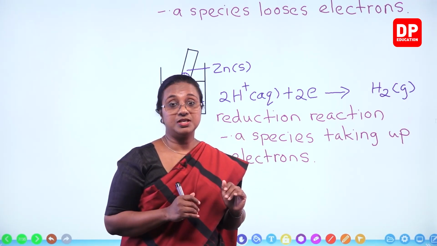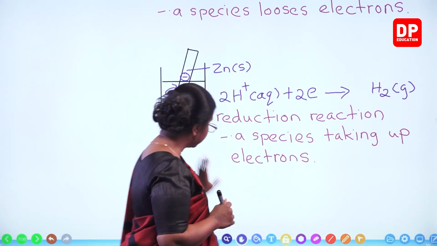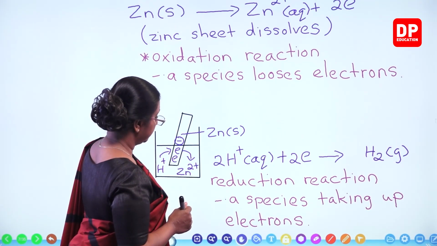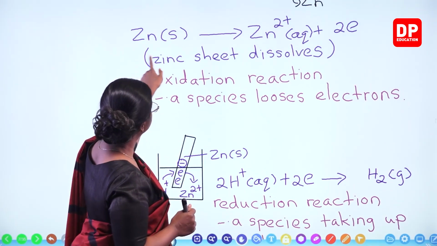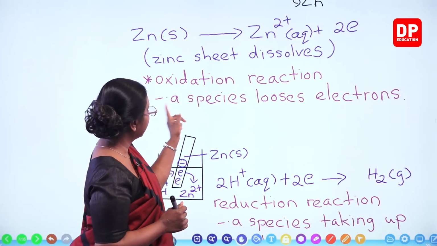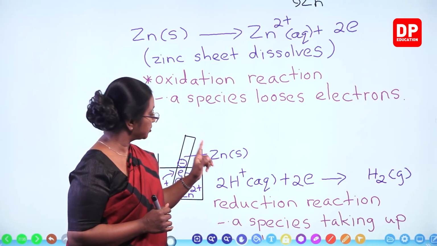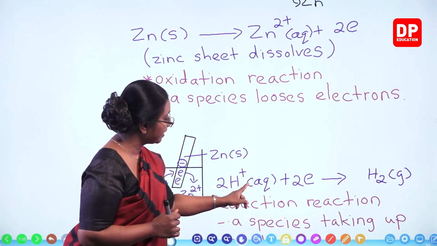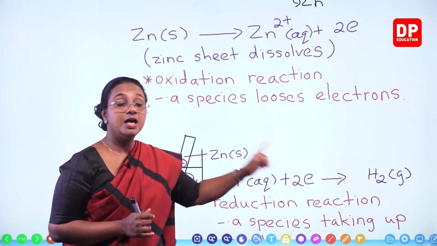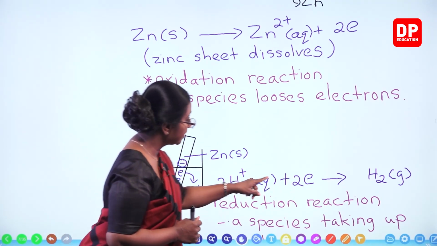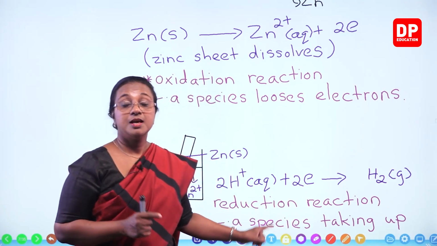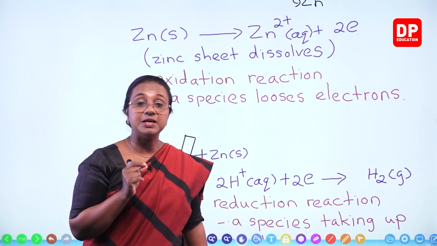This is a reduction reaction. Now, the two reactions we wrote: zinc solid becoming Zn2+ by losing electrons is an oxidation reaction, and 2H+ aqueous taking up electrons and forming H2 gas is a reduction reaction. One thing to notice: we don't put physical states for electrons because electrons are subatomic particles.